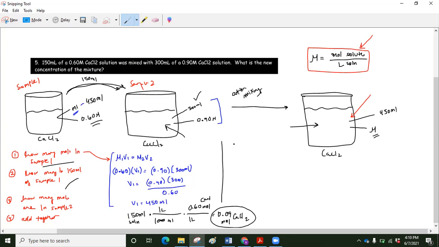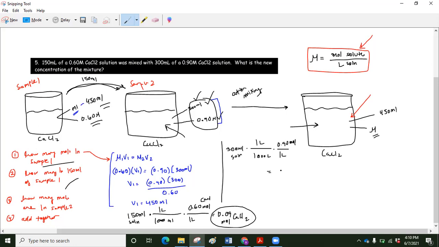At this point, you're given enough information to situate a conversion factor. We're given both the volume and the molarity. Beforehand, we didn't have the volume, so that's something we had to solve for. But we're given both of them, so this should be easy. You have 300 milliliters of the solution, we'll first switch this to liters, and then say that for every 1 liter, you have 0.90 moles.